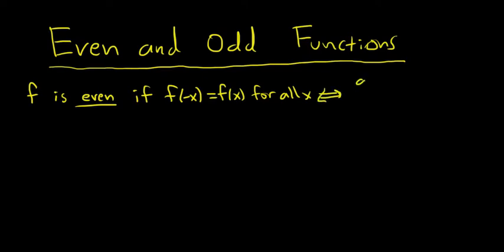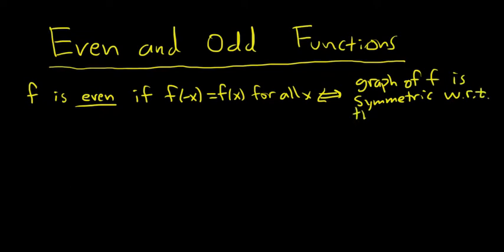Graphically, this means that the graph of f is symmetric, and let's use some fancy terminology, with respect to the y-axis. So WRT means with respect to.